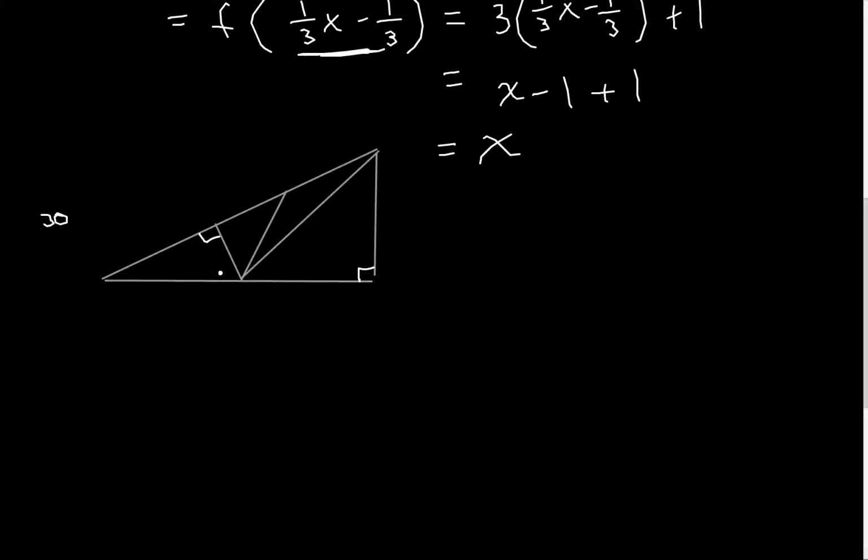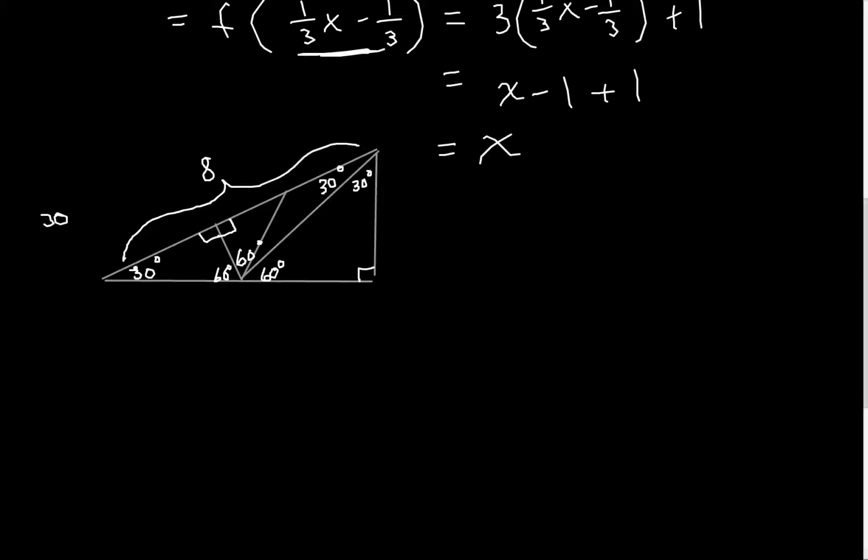So this is 60 degrees here, this is 60 degrees here, and this is 60 degrees. So if those are all 60, then we know this one has to be 30, right? Because if you subtract from 180, and you know this one is 60 and this one's 90, so this one has to be 30. This is equal to 8 right here, all right?